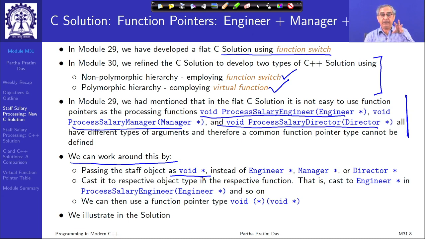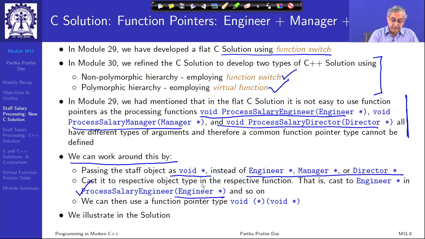This is where you see the use of void star, particularly in C, in terms of combining multiple types instead of the specific employee type pointers. Then if we take it as a void star, say I am processing salary for engineer, then I have got a void star pointer, but I know that I am processing salary for engineer.